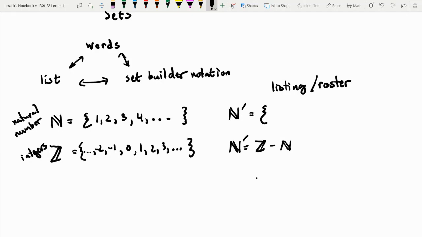Okay, so set difference. Everything that's an integer but not a positive integer. Okay, so you're just taking away the positive integers here. So what you'd be left with is 0, -1, -2, and so on.